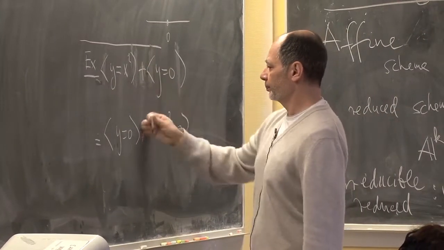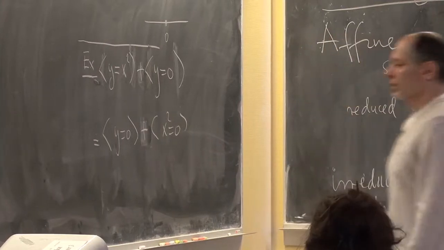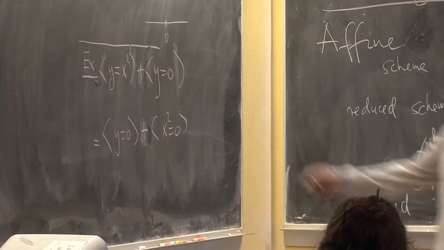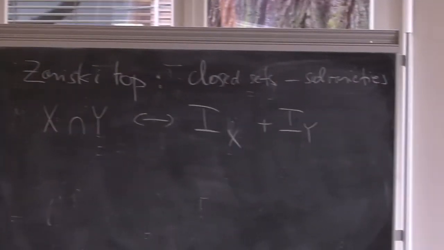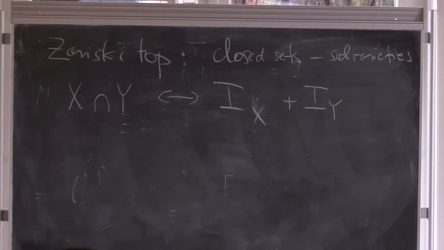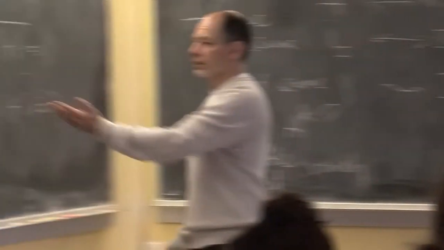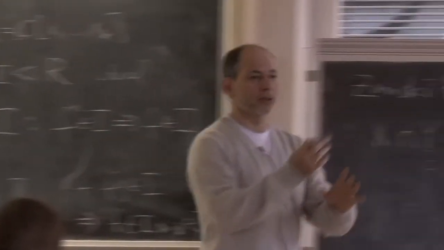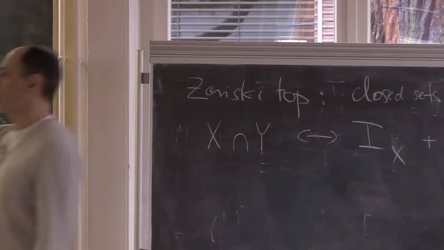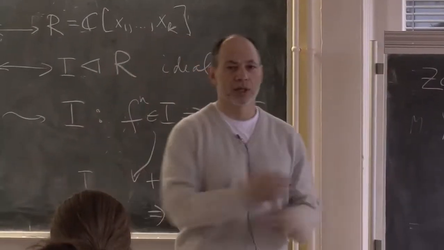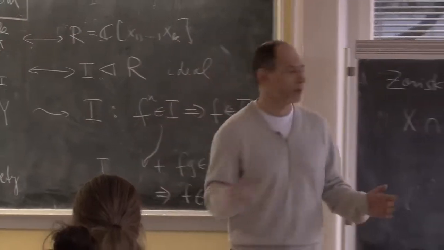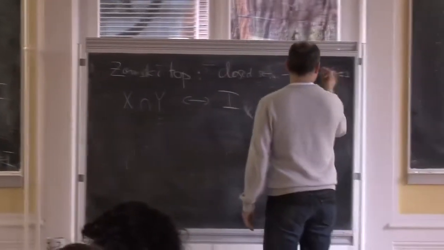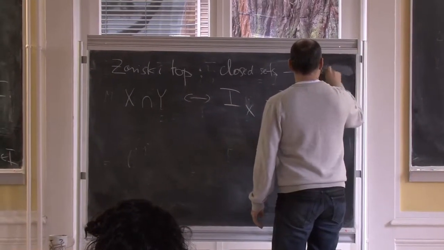Now it's the sum. And this clearly has an element x whose square is in it, but x itself is not in it. So this is not reduced. So you can have two reduced things, a parabola and a line, and the intersection is not reduced. It's better to write subschemes here, because then we don't have this problem.